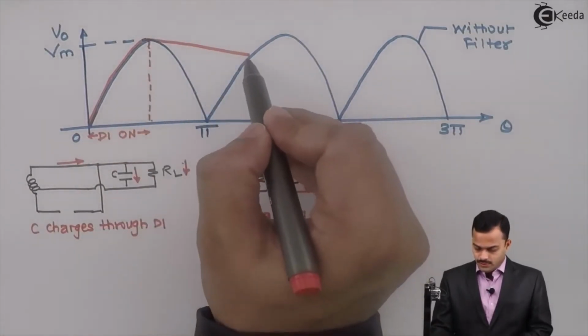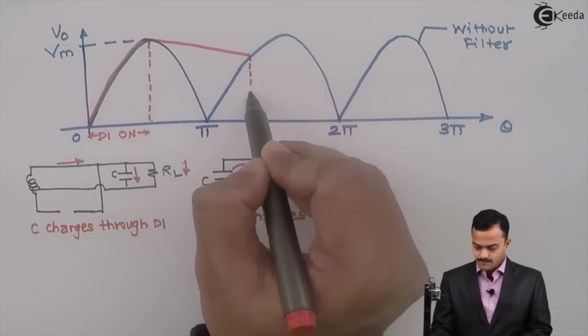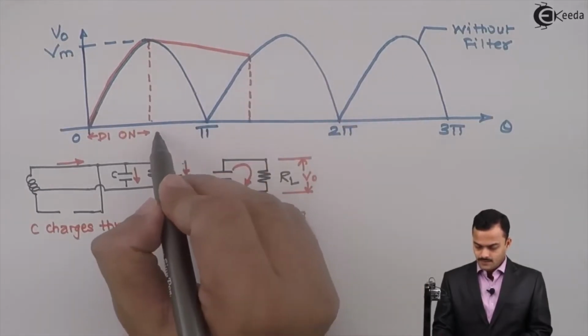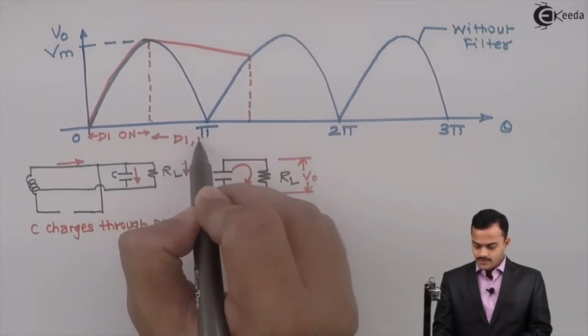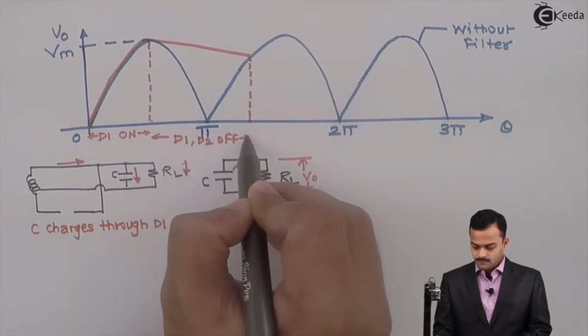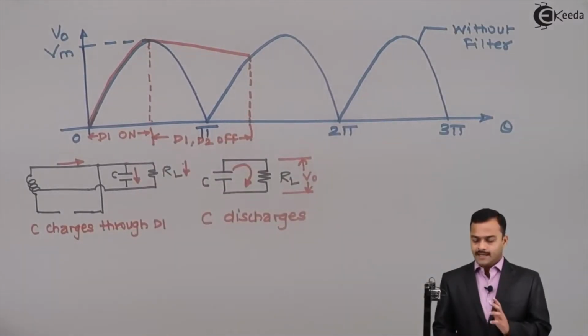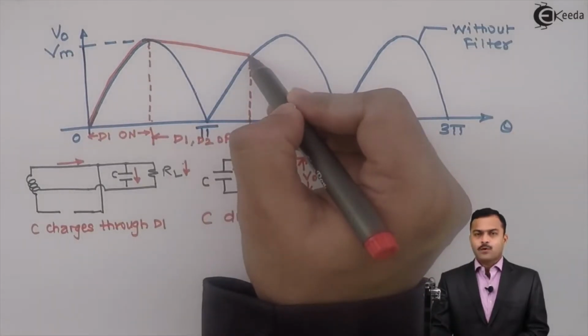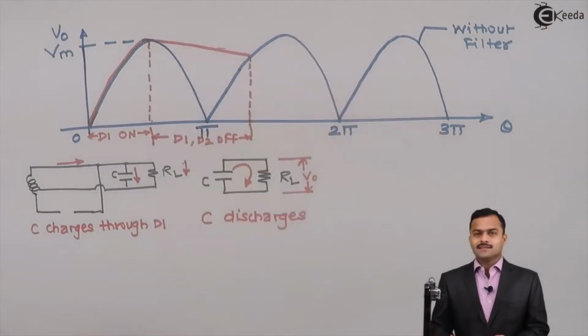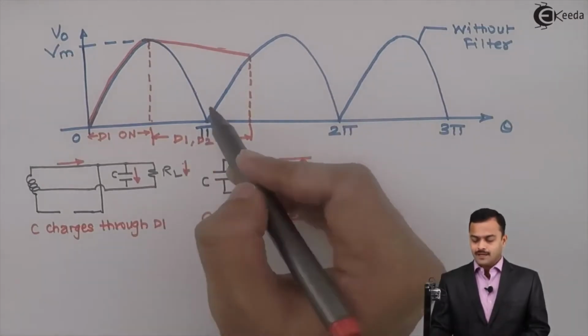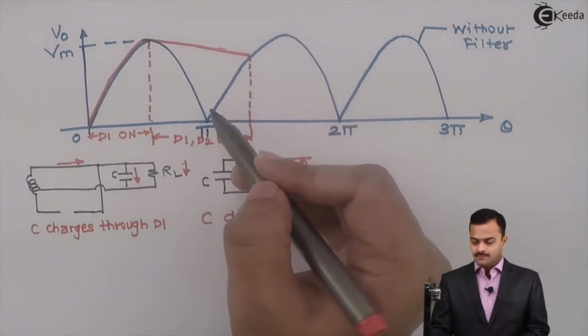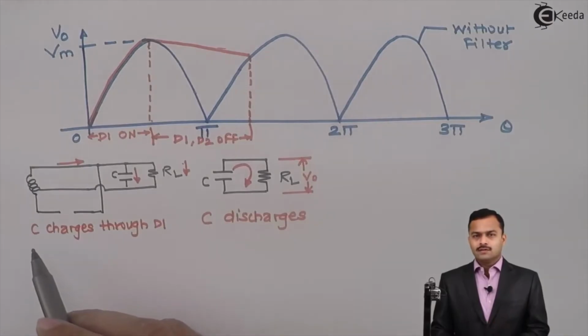So during this time, both the diodes are off. D1 and D2 both are off. And now till this point, capacitor voltage is more than the supply voltage, as you can see from the graph. Therefore, D2 is again remains reverse bias.